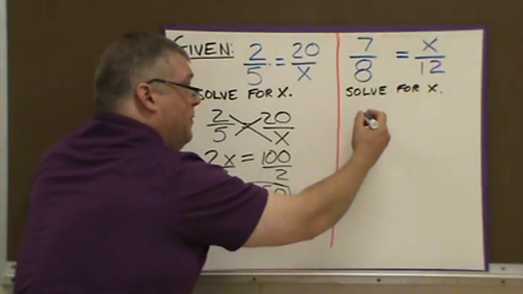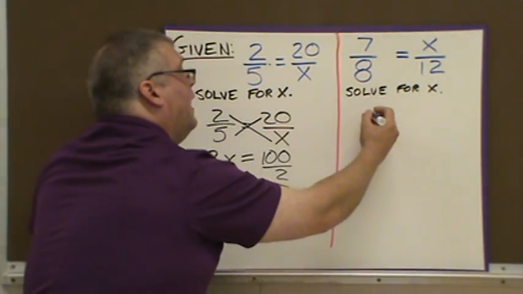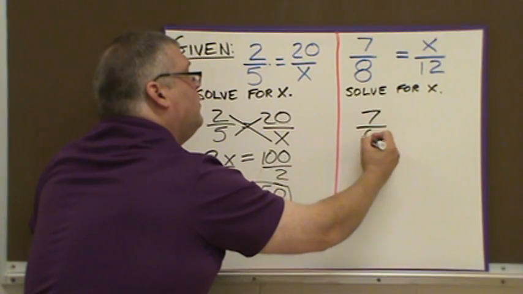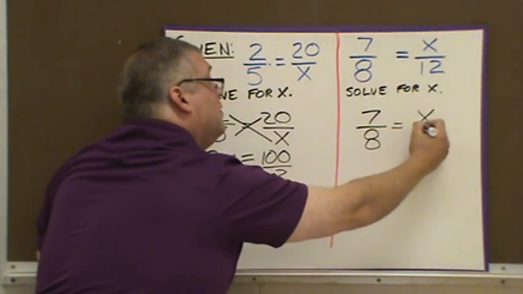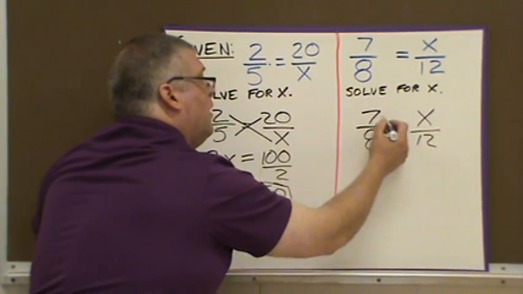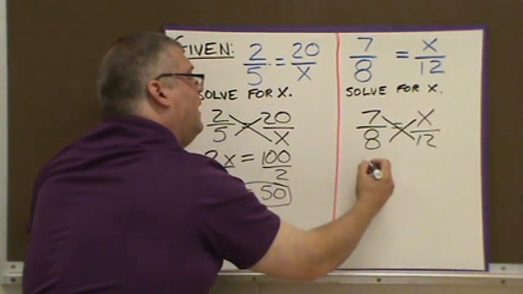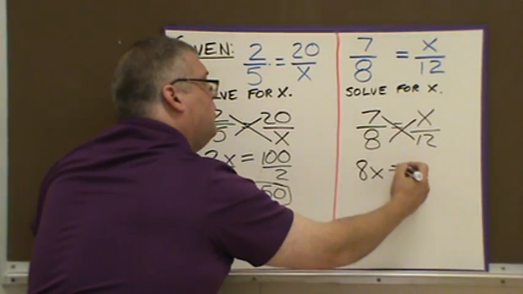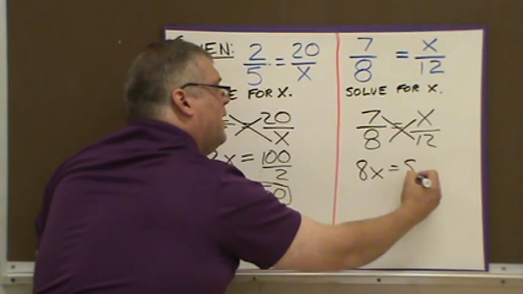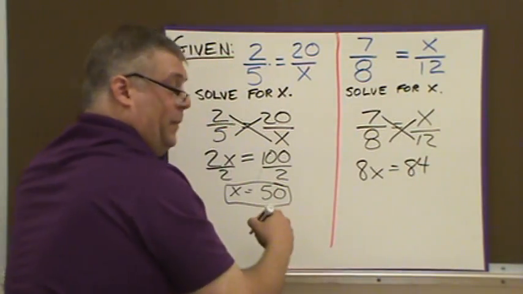On this example, again, I would rewrite the problem so I know I'm not messing up the original. I cross multiply, I get 8x equals 7 times 12 is 84.